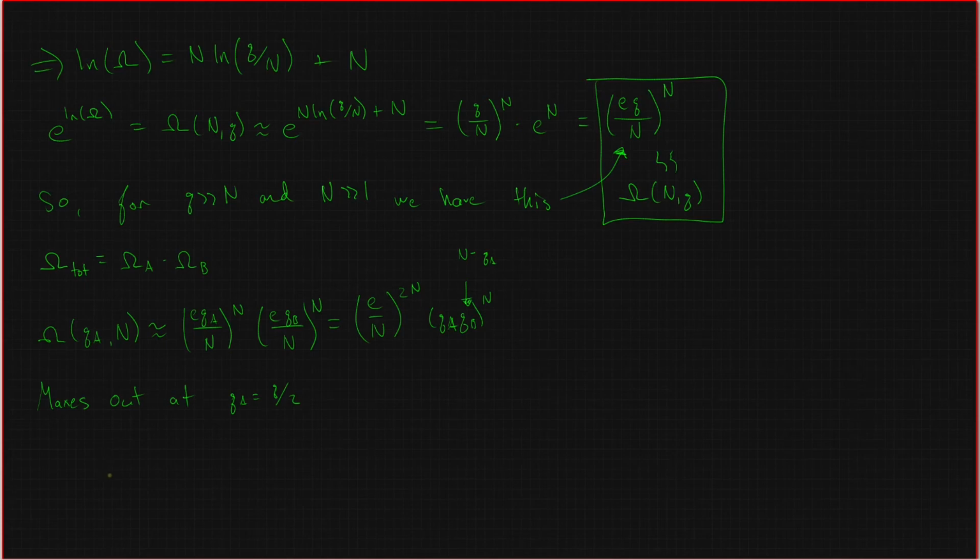And so at this value, the maximum multiplicity, we can just evaluate at q_A equals q over 2, and also substitute in q minus q_A for q_B right here. So this just becomes e over n to the 2n times q over 2 to the 2n. So that is the highest the multiplicity gets for the whole system, not just one or the other.